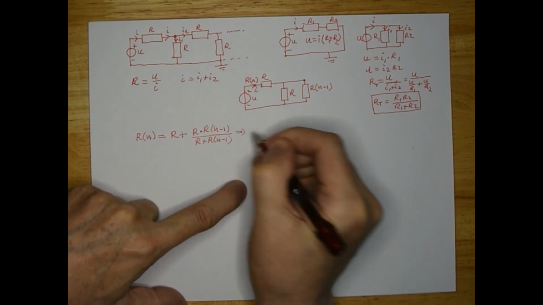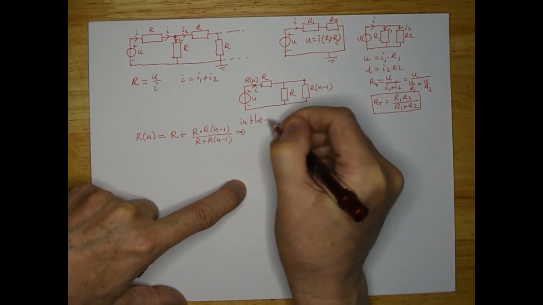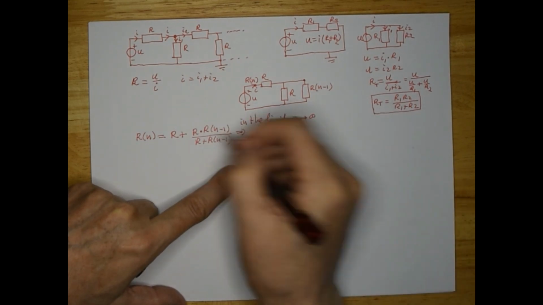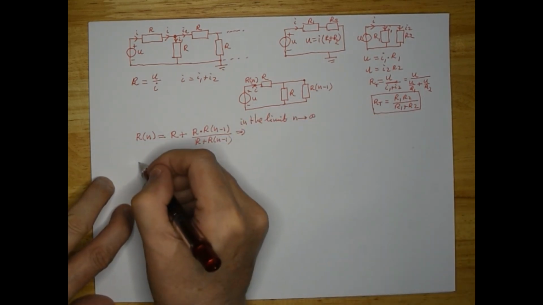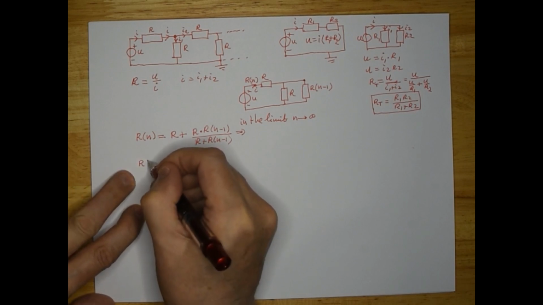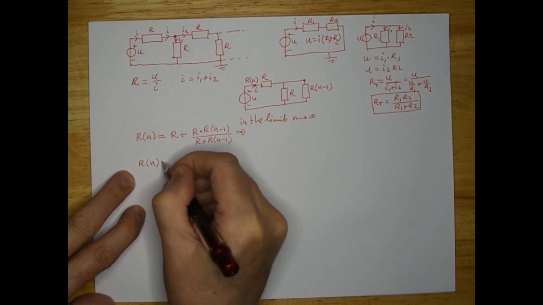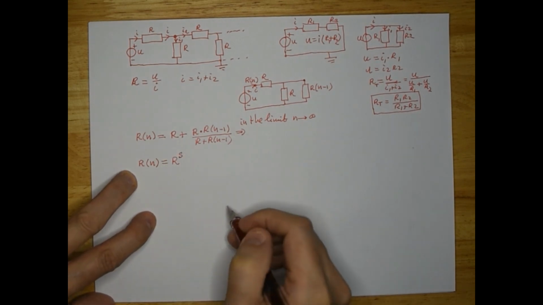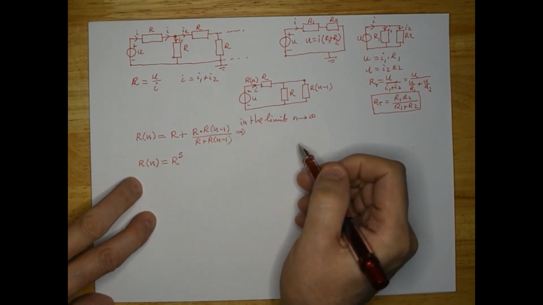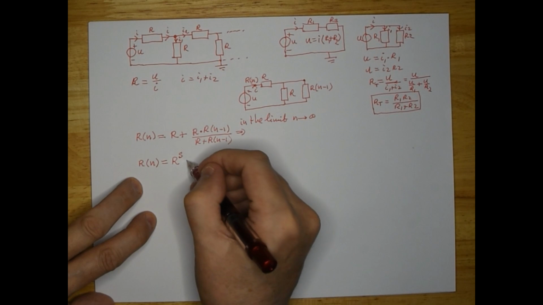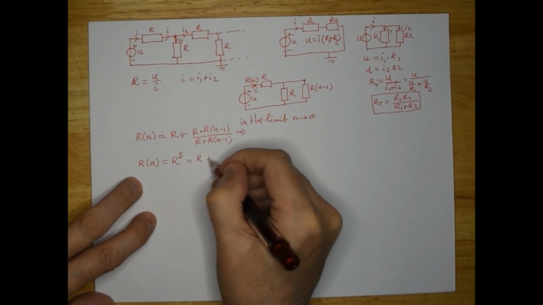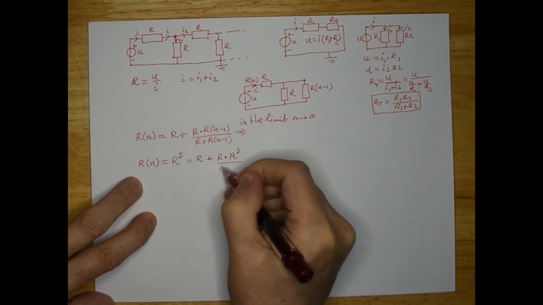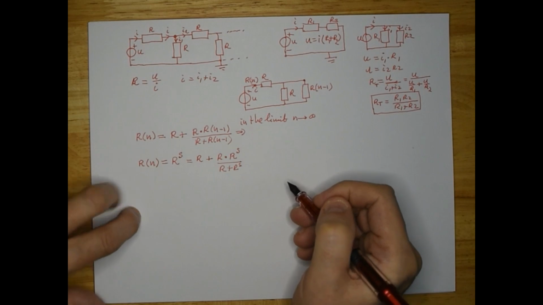So in the limit, n going to infinity, we can say that Rn, let's call this Rs, the total substitute of all the resistance in the circuit, is R plus R times Rs divided by R plus Rs.